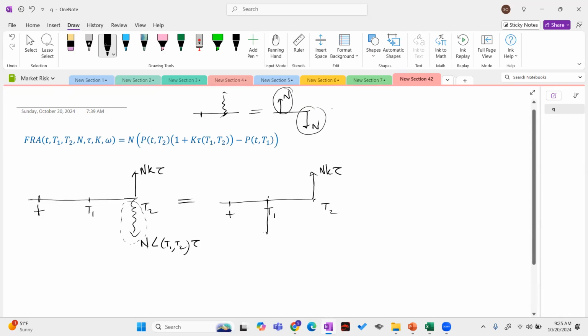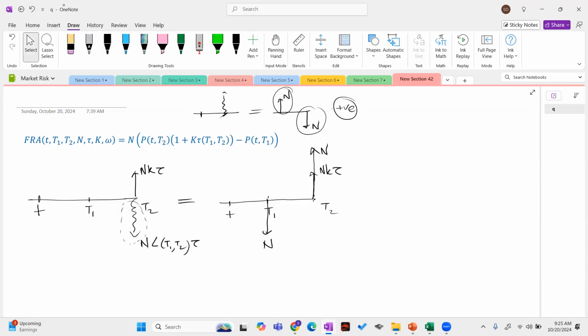So overall it is a positive valuation, correct? If it is an inflow, it needs to be this. If it's an outflow, in net PV terms, it needs to be negative. So you'll lose N earlier and get N later. Did that make sense? A floating rate outflow needs to look like this, plus and minus. Did you understand this, or do you want me to explain again?